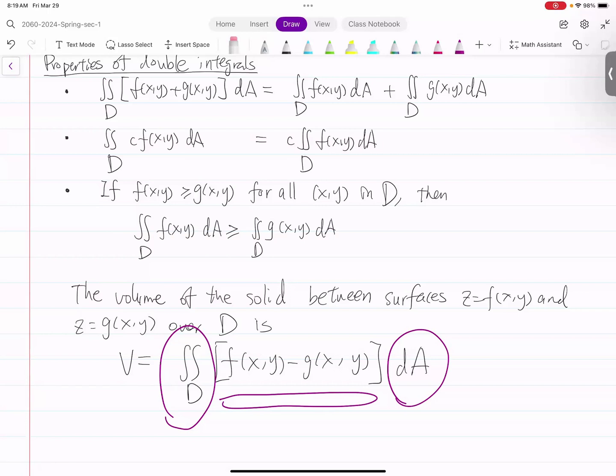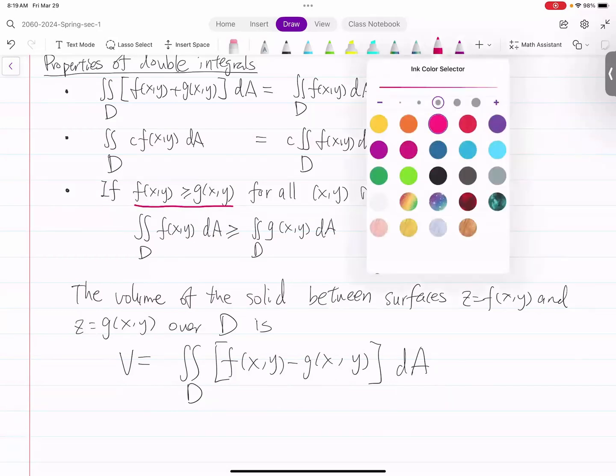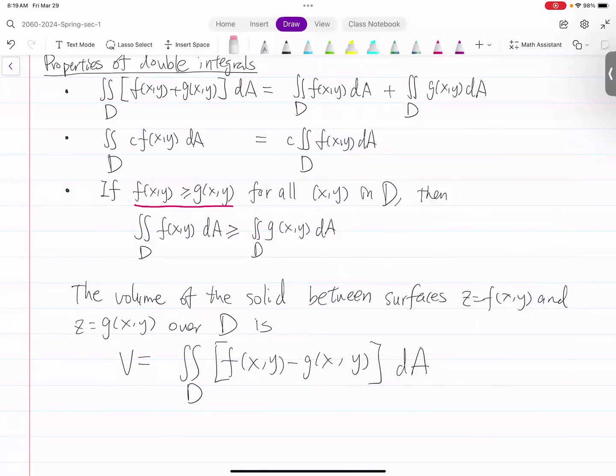So the maximum z value minus the minimum z value. And here we want to be sure that our functions have this relation: f is lower bounded by g. Okay.